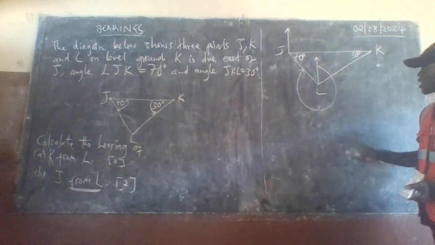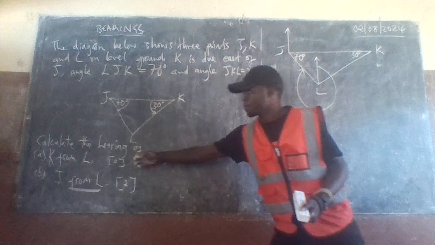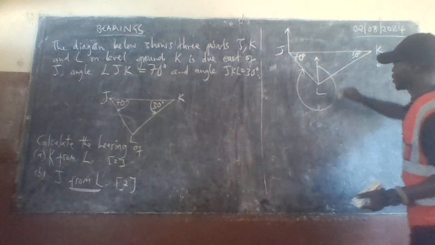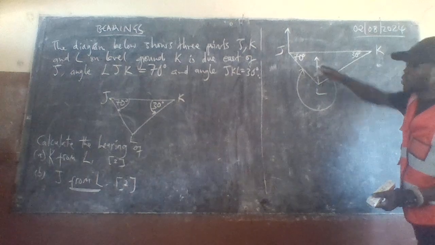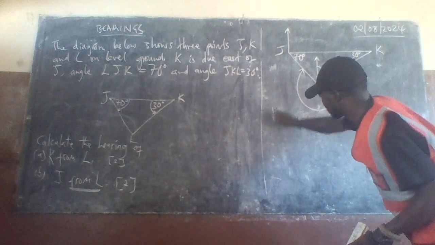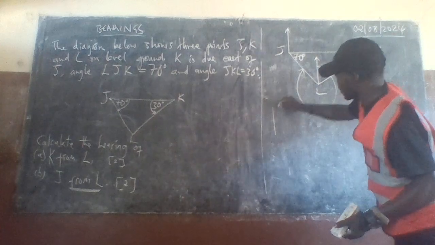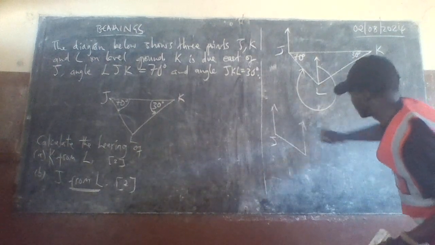So if you are following, in the previous calculation, we found this angle, which was 20. How did we find it? We did this one, J, then we said this.